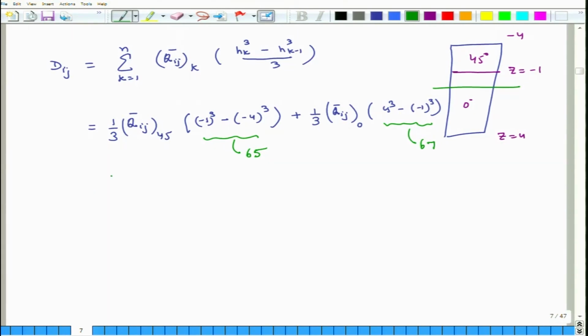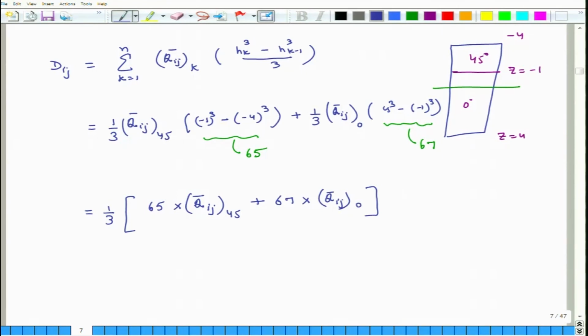Basically what you end up getting is 1 over 3 times 65 times Qij bar for the 45 degree laminate plus 65 times Qij bar for the 0 degree laminate.